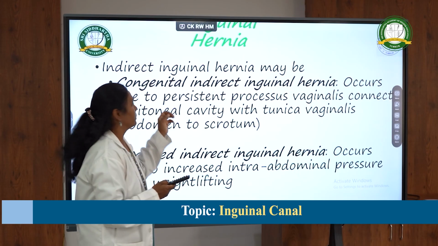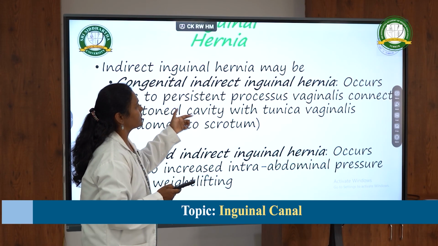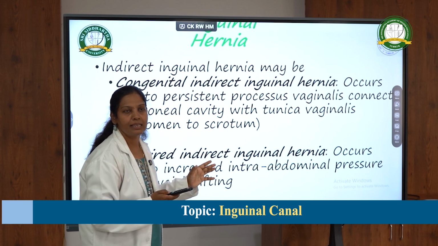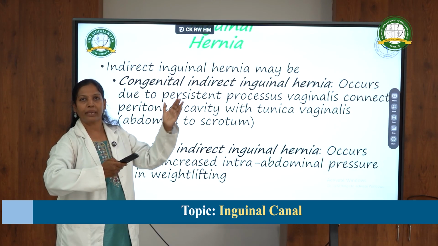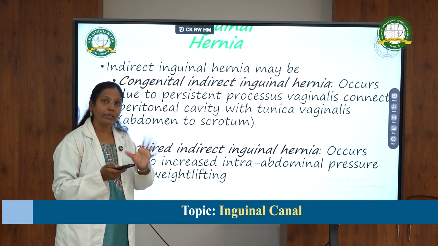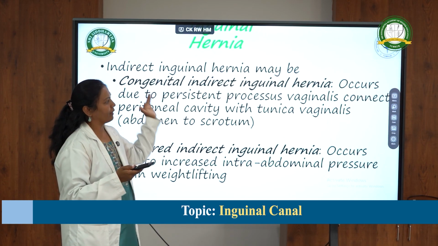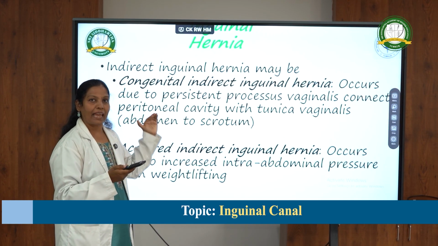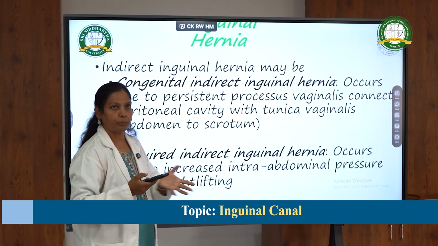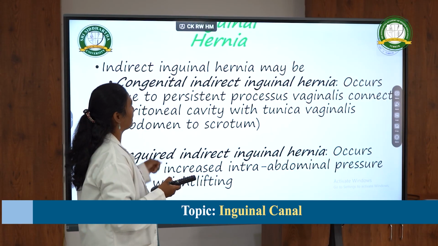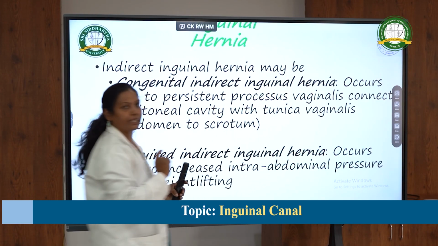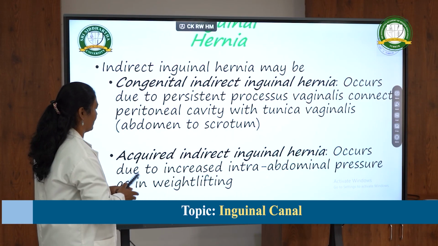It is due to the presence of a persistent processus vaginalis, a communication between the peritoneal sac and the tunica vaginalis, which is the outer covering of the testis. It acts like a pathway for the abdominal contents to protrude through.